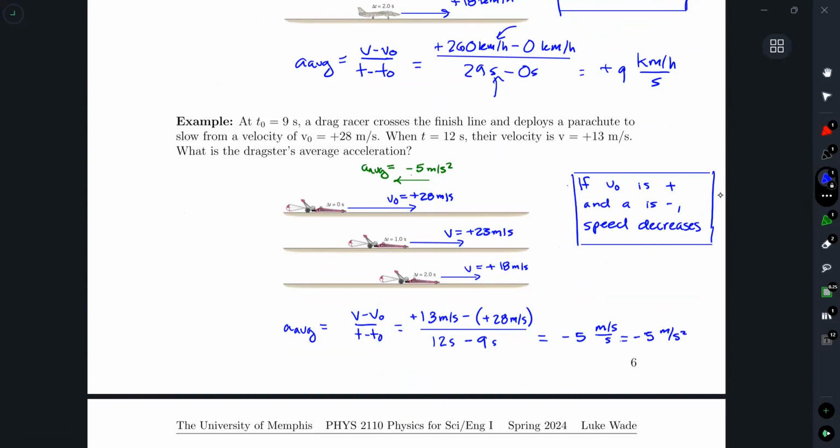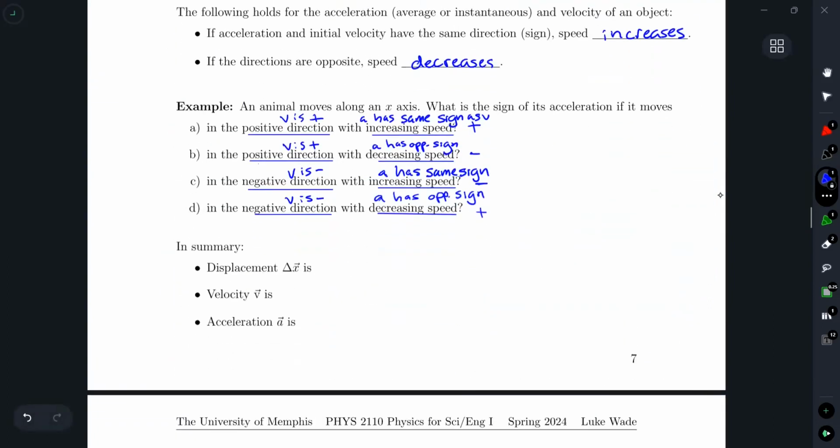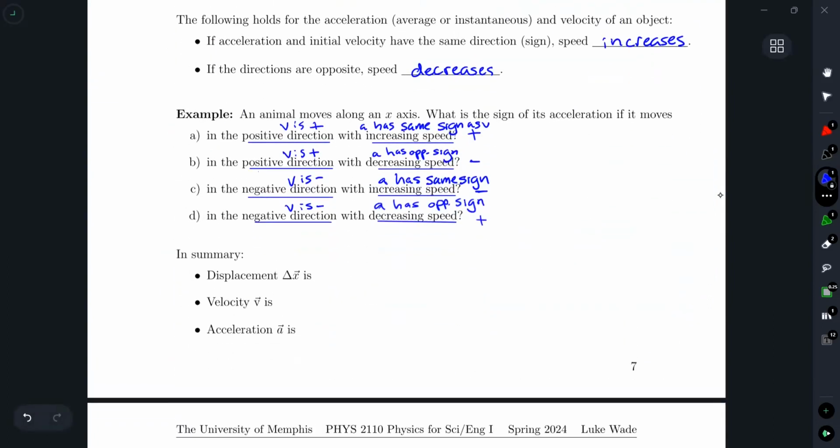It's hitting you in the face saying, no, go back the other way, meaning slow down. And so if you're moving in the negative direction, the push on you that would tell you to slow down is actually in the positive direction. If you're going in the negative direction and there's a push telling you to speed up, that push would also be in the negative direction. Hopefully that helps and I didn't just make it more confusing.